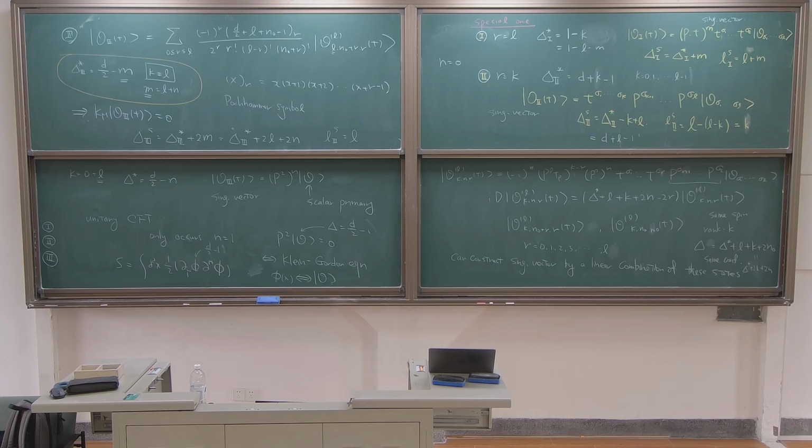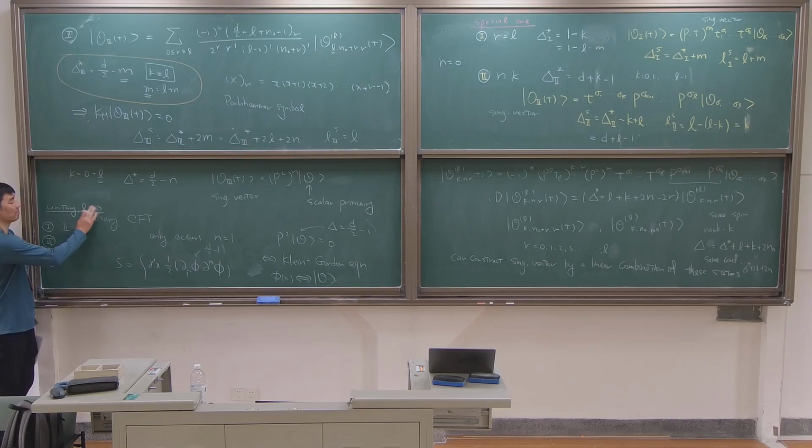Number one is in fact just the identity operator, the unitary CFT with spin zero case. N equal to 0 means spin 0. It's the identity operator.